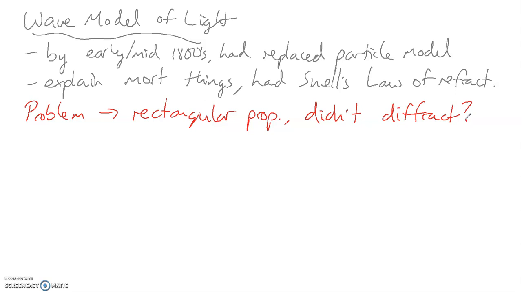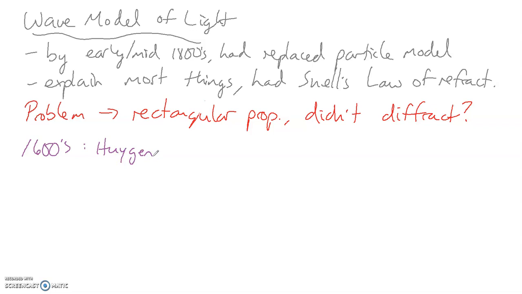Now, to figure this out, we have to go back in time a little bit, actually to the 1600s. In the 1600s, there was an idea introduced by a guy named Huygens.